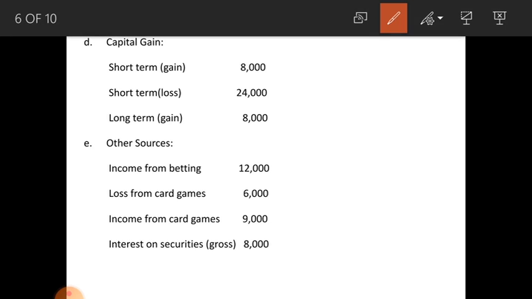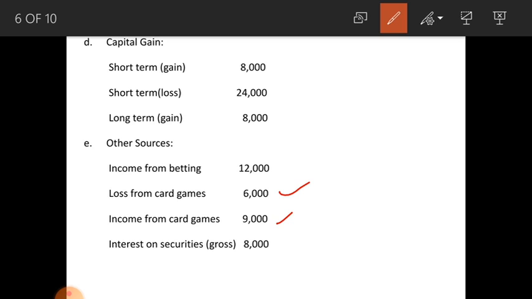Capital gain, short term capital gain 8,000, short term capital loss 24,000 and long term capital gain 8,000. Next, income from other sources, income from betting 12,000, loss from card games 6,000. This loss cannot be set off against any other income. Next one, income from card games 9,000 is there.